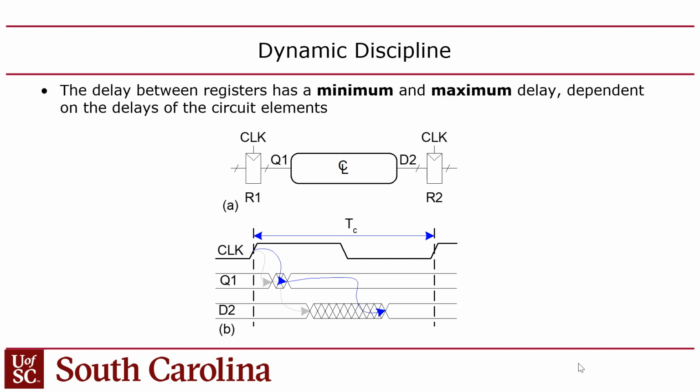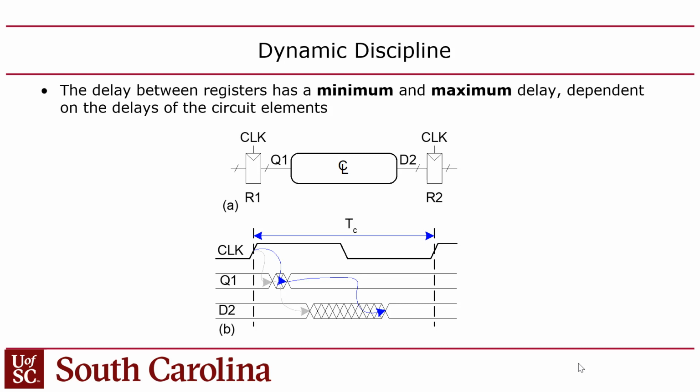Because you have to make sure that when you're comparing the propagation delay with the clock period, the propagation delay is small enough that it'll be less than the clock period minus the setup time, right? So the clock period minus the setup time is your maximum propagation delay. In other words, you don't get a whole clock period to propagate through this logic. You actually get the clock period minus the setup time. Make sense?